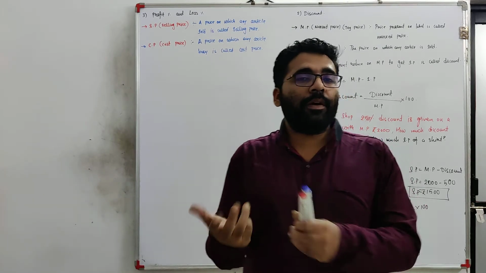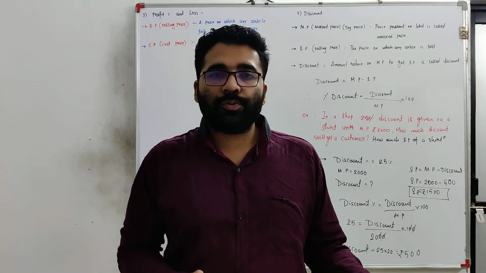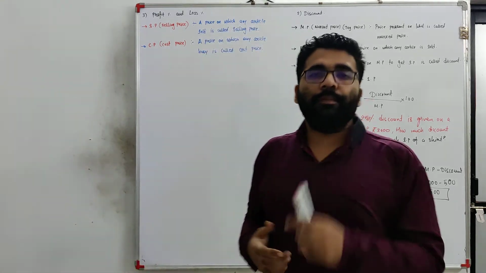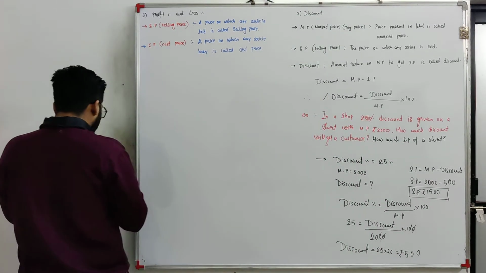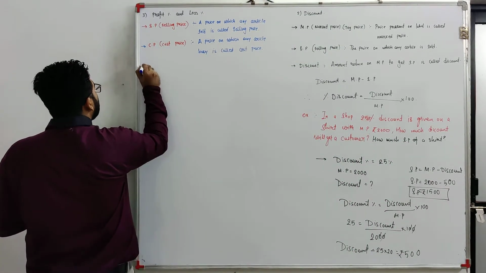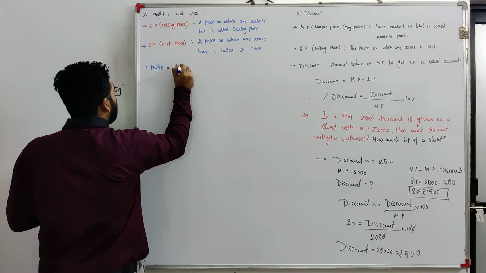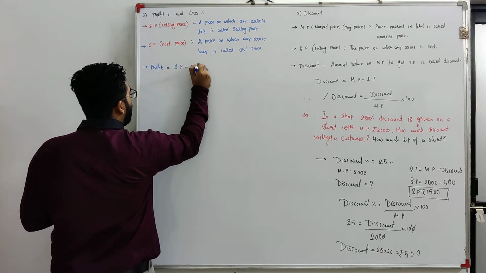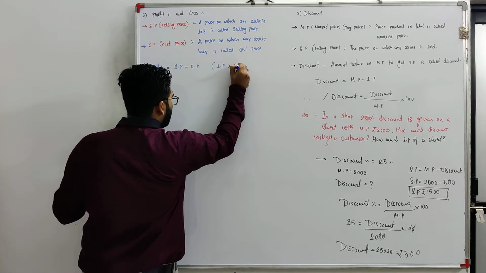If I sell it for 6 rupees, my selling price is greater than the cost price, so I have a profit of 1 rupee. So what is the profit? Profit is equal to selling price minus cost price. This occurs when the selling price is greater than the cost price.